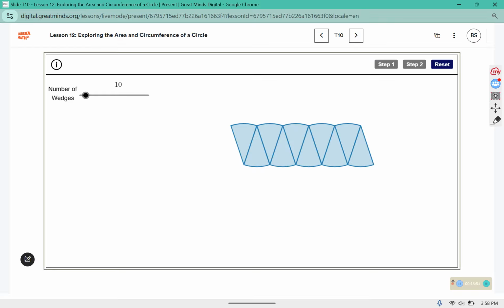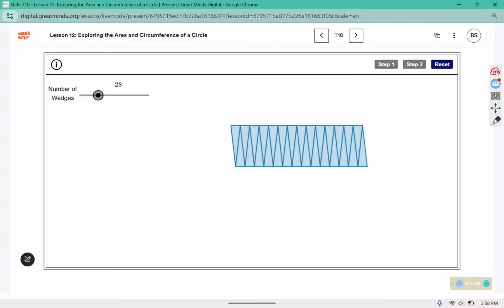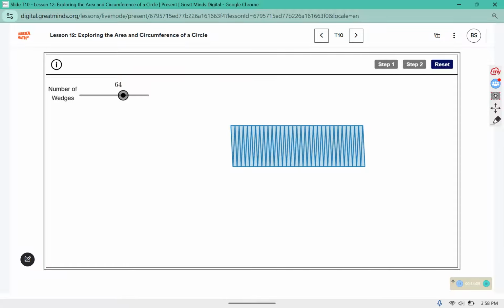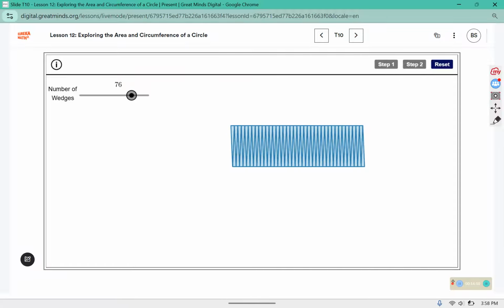And we had 6 along the bottom and 6 along the top. So our base was 6 and our height was 6, or our base was 6 pi and our height was 6. If we use more and more wedges, it starts to look even more like a rectangle.